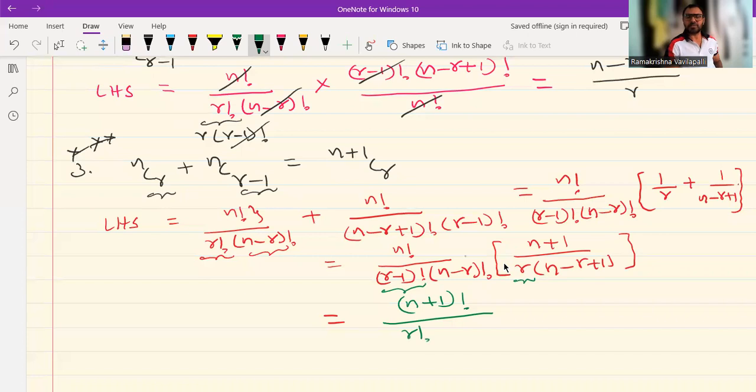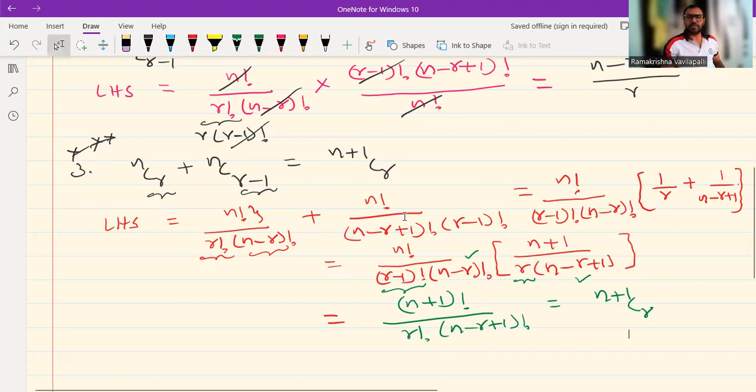And (n minus r) into (n minus r plus 1) is nothing but (n minus r plus 1) factorial. So this is nothing but (n plus 1) C r. This particular identity is very, very important. So please try to prove it by yourself after watching this video.